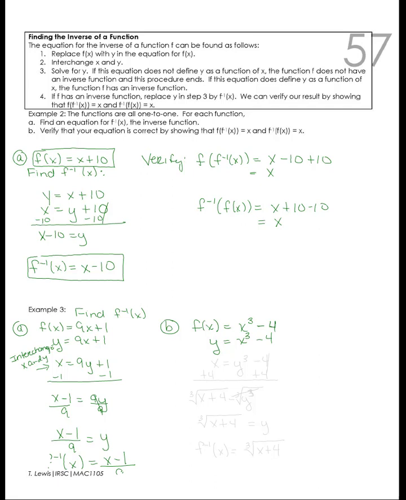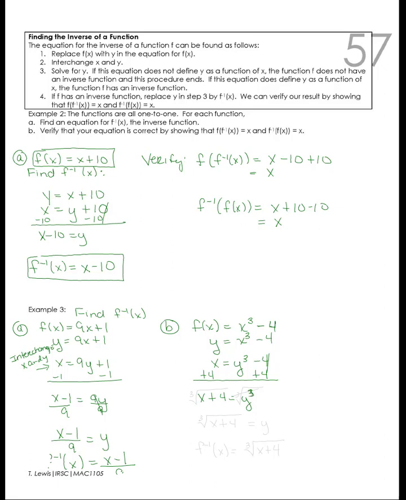Then we're going to interchange the x and y. So that becomes x is equal to y cubed minus 4. And then solve for y. So to solve for y, we're going to add 4 to each side. x plus 4 is equal to y cubed.